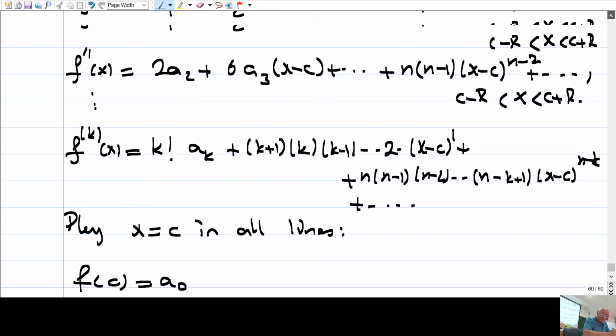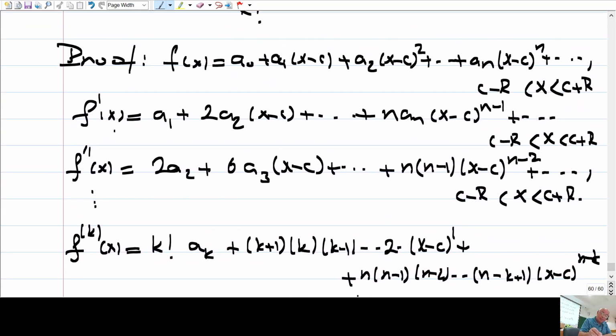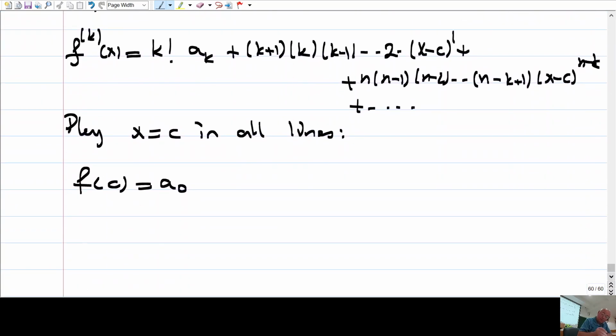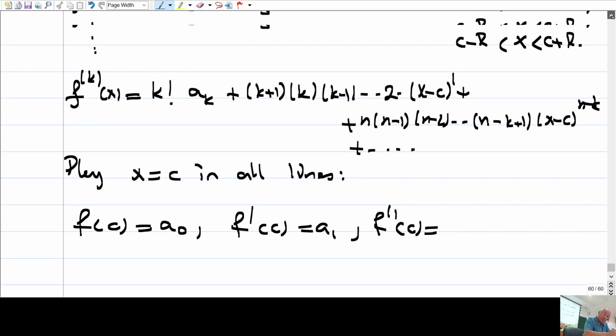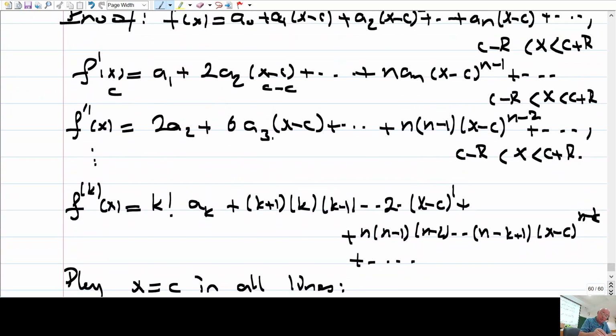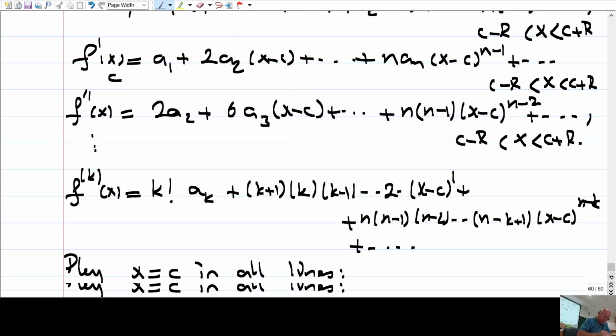What about the second one? When I plug c here, I get c minus c, which is 0, and I just get a1. So f prime of c is just a1. f double prime of c: when I plug c, this is 0, this is 0, and so on, so this is just 2a2.